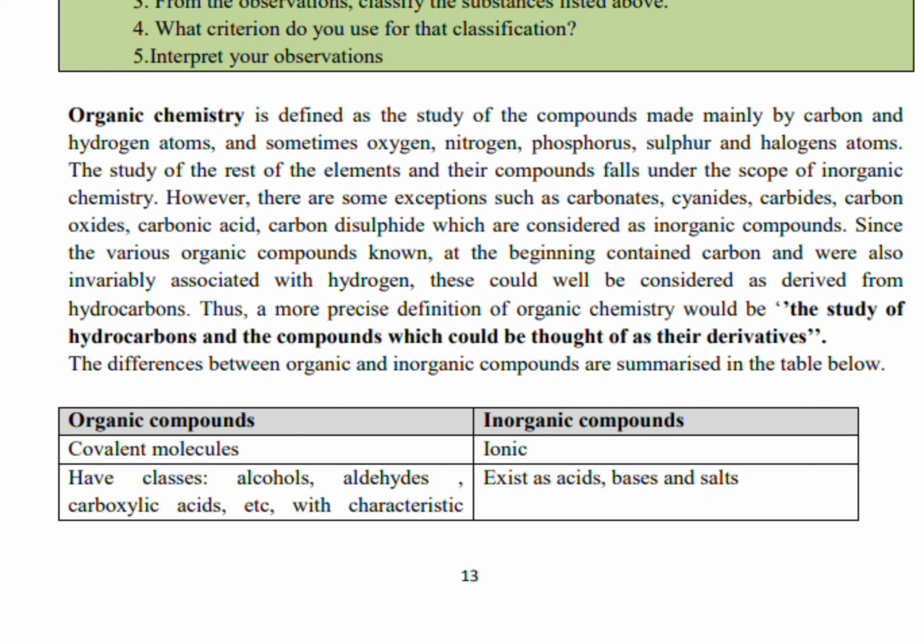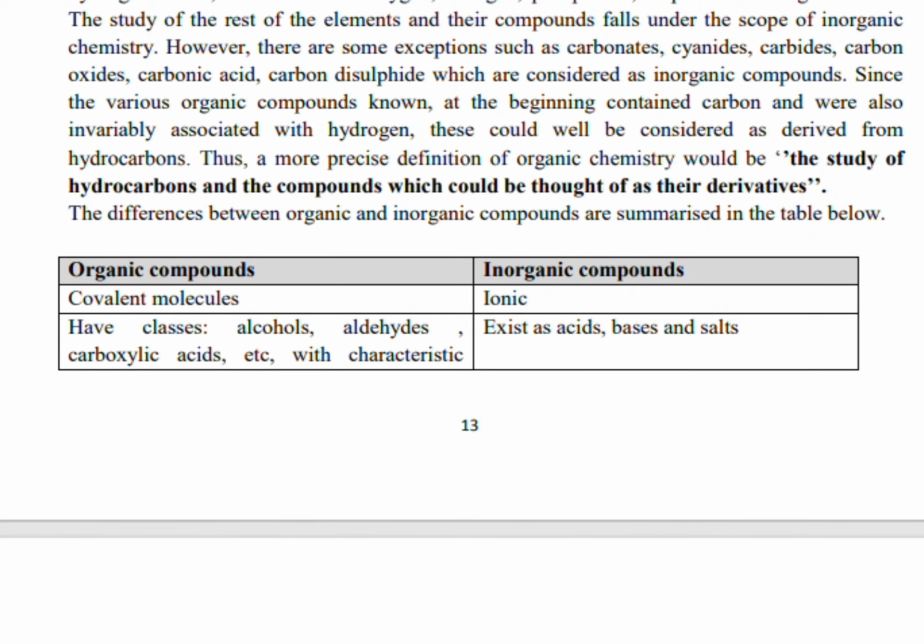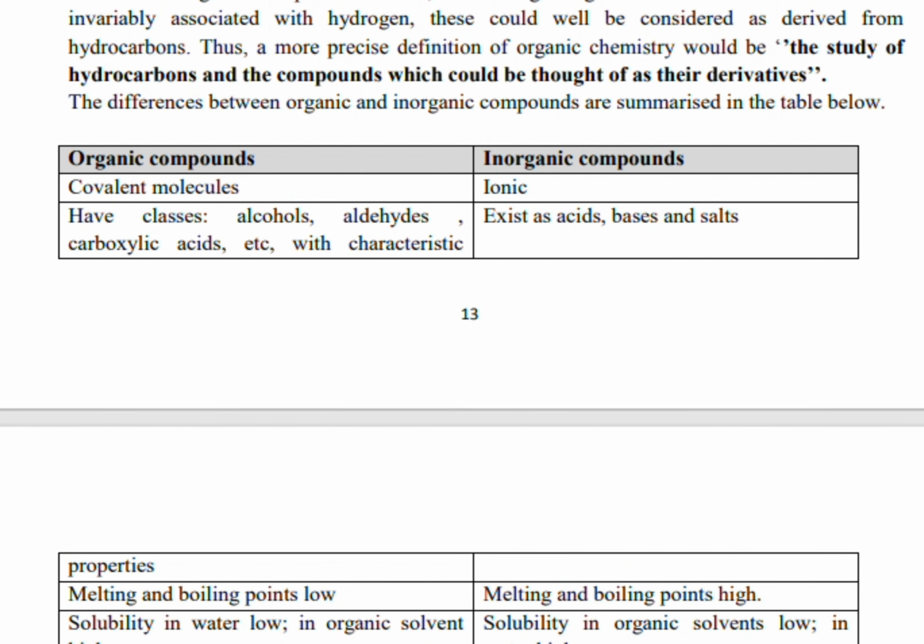Now we have categories of compounds that we study in chemistry. The first one is organic compounds. The second one is inorganic compounds. The first one, organic compounds, is different from the second one.